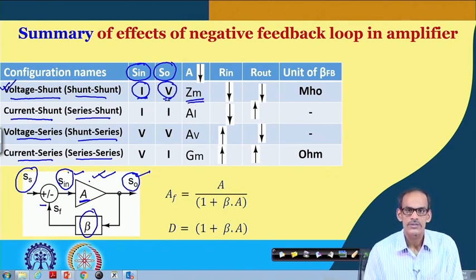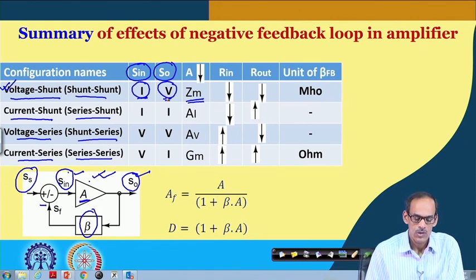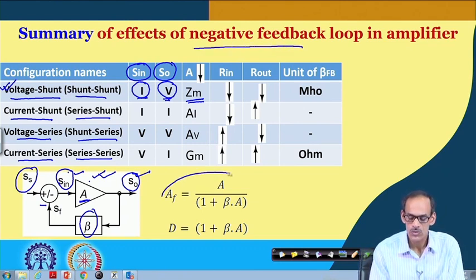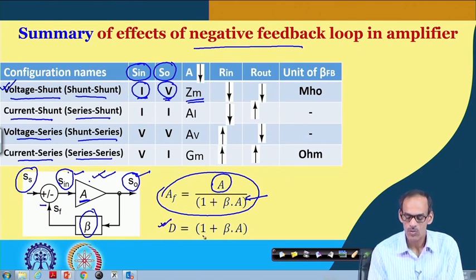Once we deploy the negative feedback system, according to this formula the forward amplifier gain A gets reduced by the factor 1 plus beta A, which is referred to as the desensitizing factor, where beta is the feedback factor.